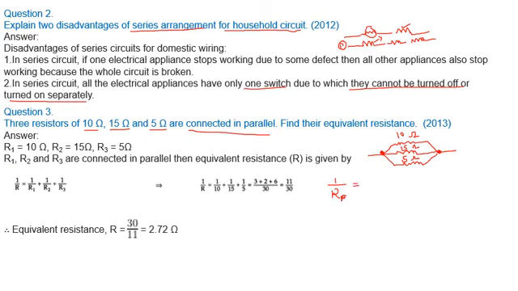For that we have to do 1 upon 10 plus 1 upon 15 plus 1 upon 5, because 1 upon R is equal to 1 upon R1 plus 1 upon R2 plus 1 upon R3. If I take the LCM of 10, 15 and 5, it will come 30.